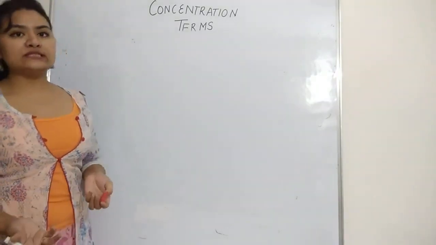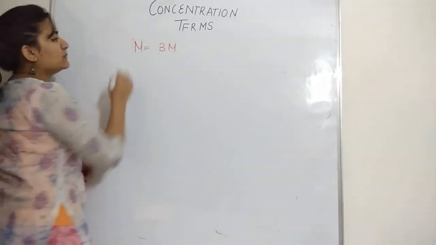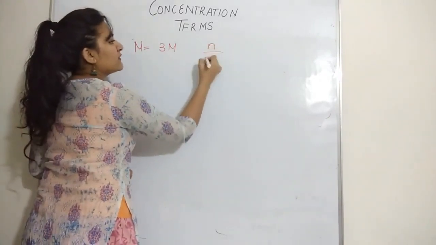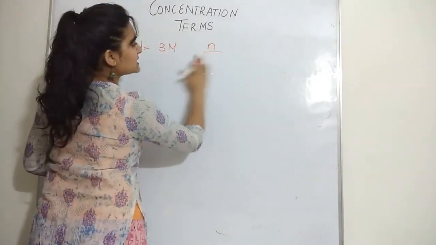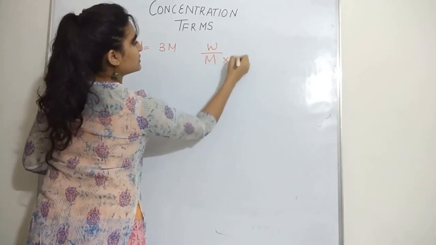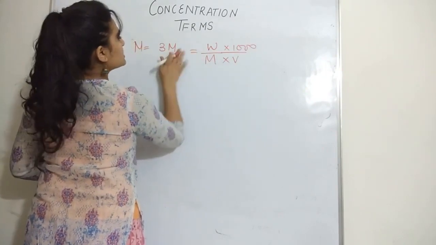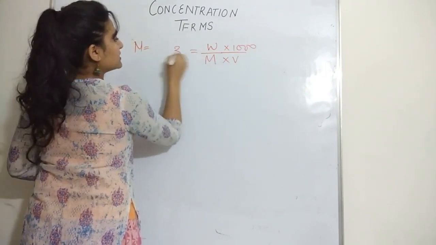So how will you use density? Molarity given is 3M and what is molarity? N upon V. And if I expand this, it will be W upon M into V, and above will be 1000, which is equal to 3M, right?